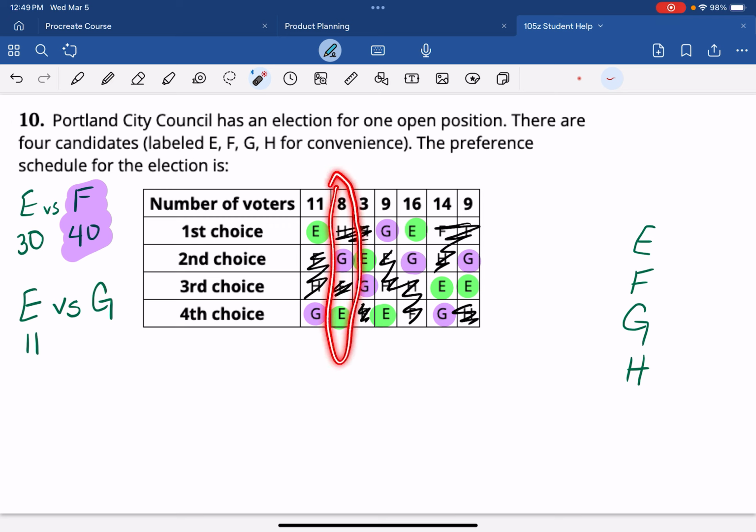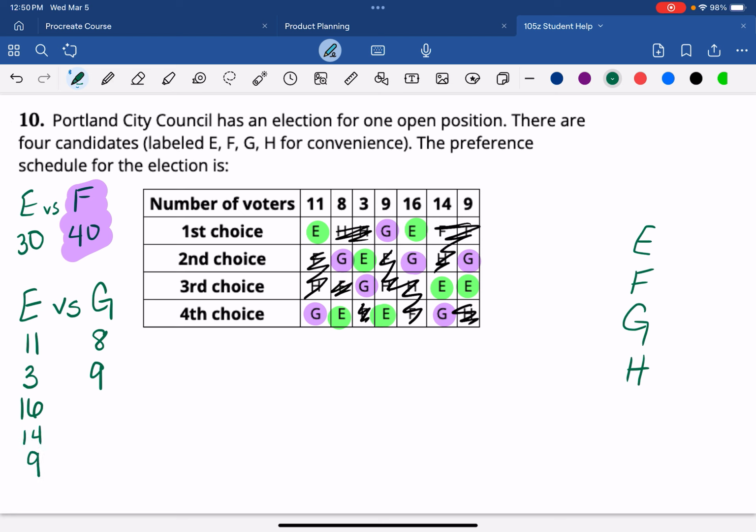So in our next column, we have 8 voters who prefer G. And in our next column, we have 3 voters who prefer E. And then 9 voters who prefer G. 16 voters who prefer E. And it looks like E is preferred by the last 2 columns as well, with 14 and 9.